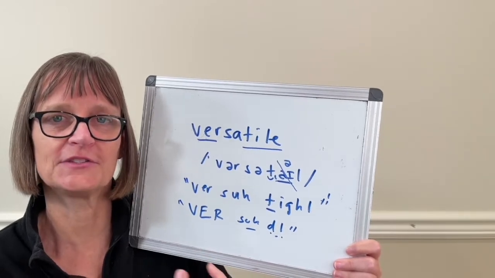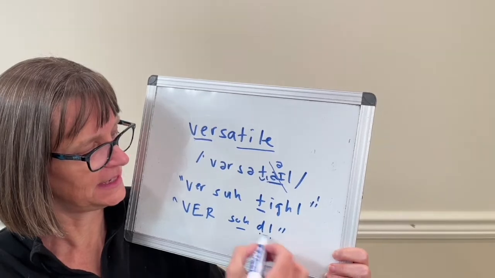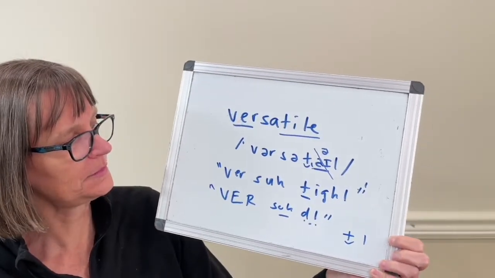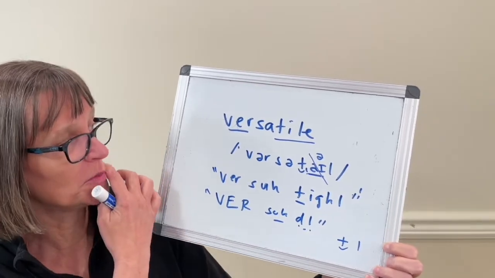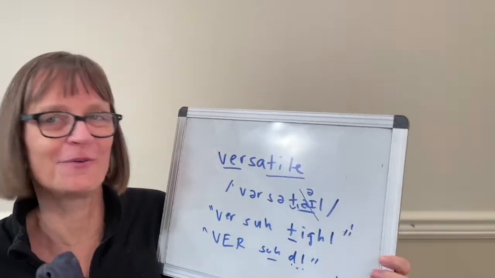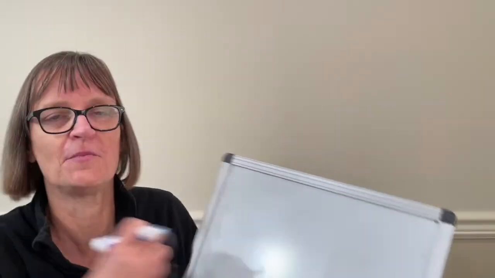Like in a word like syllable or little, where we go right from the flap T to the syllabic L, versatile. So you'll hear both pronunciations and both are correct. Yeah, that's a great word. Thank you. I'm not sure if I have a video for that yet. If I do, I'll point it out to you and you can check it out in more detail on the channel.